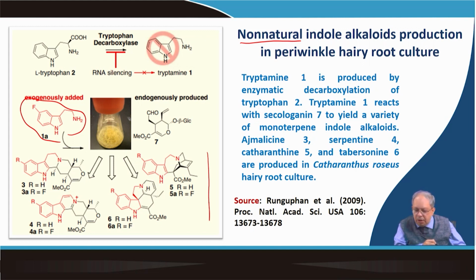So, non-natural indole alkaloids like fluoroserpentine and fluoroajmalicine are all possible to make through this technology, where you can silence the TDC and feed the fluoro derivative, and that will be accepted by the normal enzymes present in the pathway and make subsequent products which are all fluoro-derivatized.